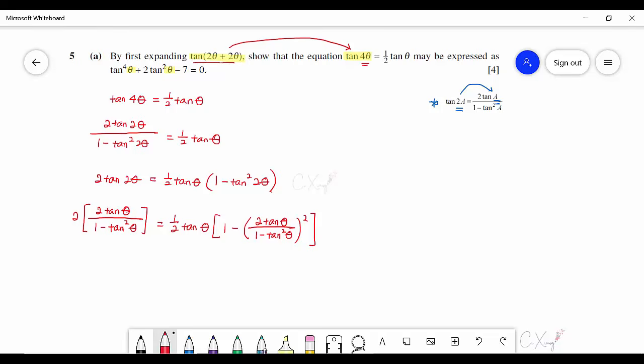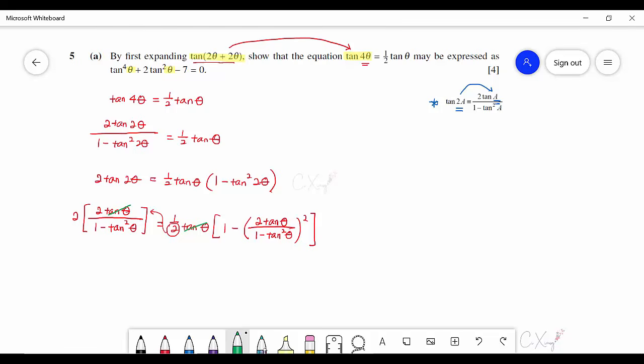And now I can start to simplify it slowly. Okay, first of all, you can see that I'm having tangent theta here and also the tangent theta here where I can simplify them straight away. Okay, so that's the first thing. So on top of my equation here, I will move the 2 over on top.